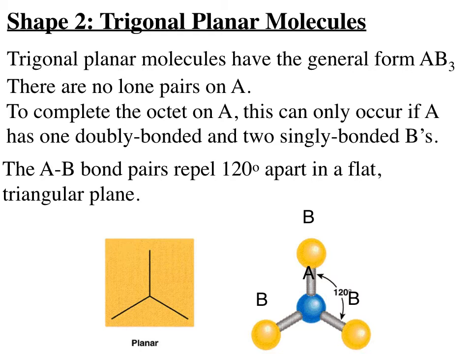So the double bond can hop between AB, AB, AB, all the way around so that all the bonds are the same length, all the bonds are the same strength. And remember, in VSEPR theory, a double bond is not more repulsive than a single bond, and mainly that's because of resonance. So these 3 AB bonds get 120 degrees apart.